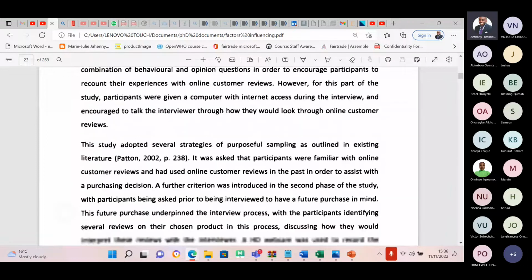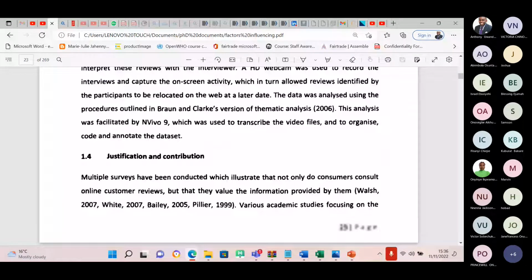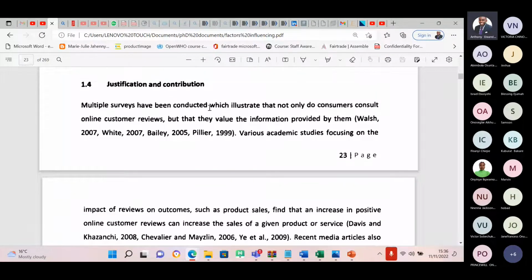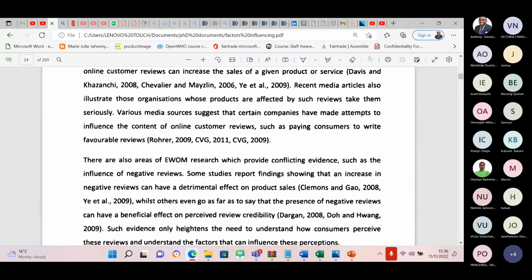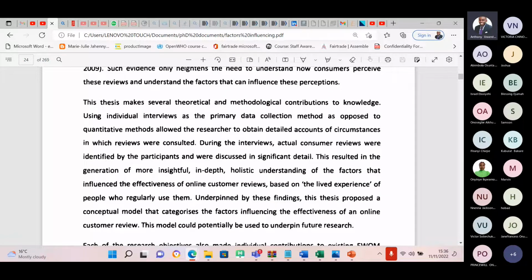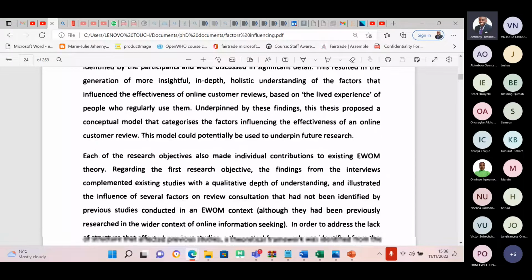So that's all for now. Justification and contribution. So let's see. Multiple studies have been conducted, so he's trying to say the importance of his study. I think you can just read around this. Find out how they justify their study.